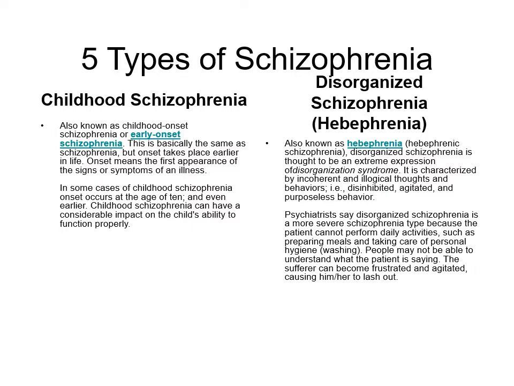All right, and then historically, we used to not believe that schizophrenia was something that one developed until adulthood. However, with more research and more testing and more experiences with people and with children, we do know that schizophrenia can come on as early as 10, and in some cases as early as 5 years old.